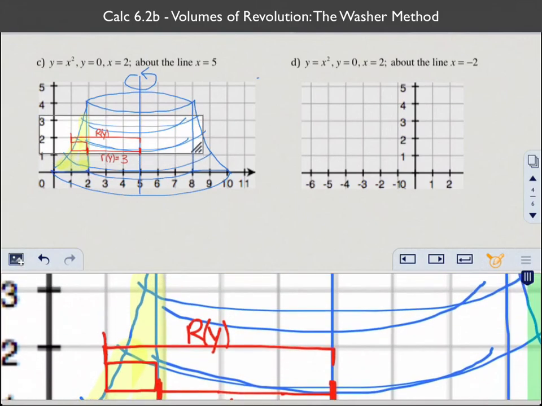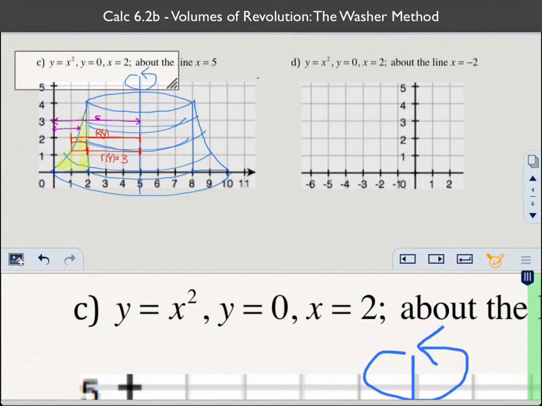And if we want to find uppercase R, our big radius, to get this one, we actually take this entire length here from 0 to 5, which is 5, and then we subtract the length to get to our function. And in order to know what that is, we have to solve y equals x squared in terms of y. So we really have x equals the square root of y.